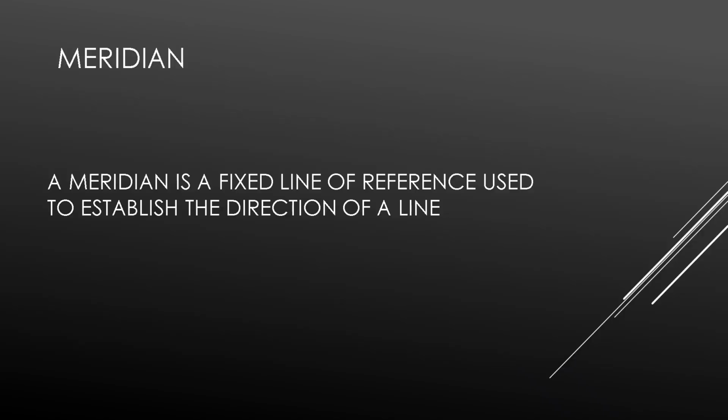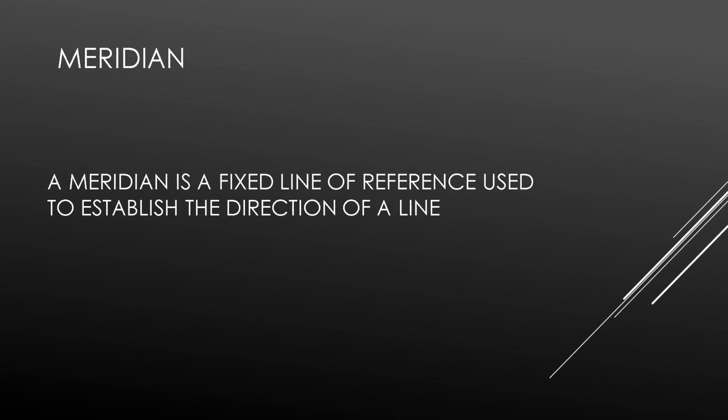We now introduce one of the most fundamental concepts in surveying, the meridian. A meridian is a fixed line of reference used to establish the direction of a line. In surveying, we need a reliable reference direction so that we can describe the orientation of any survey line accurately.